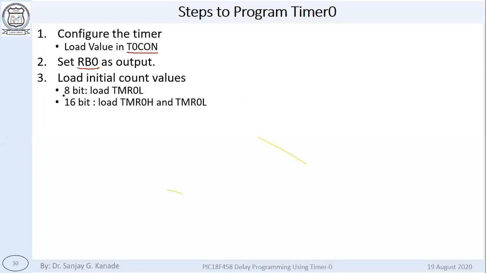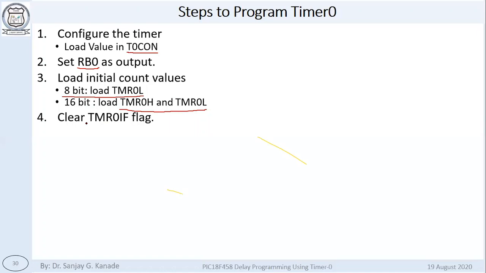If we are using timer 0 in 8-bit mode, then we need an 8-bit value only, and that we will load in TMR0L. If we are using 16-bit timer, then we will load the values in TMR0H and TMR0L. H will hold the higher byte and L will hold the lower byte.